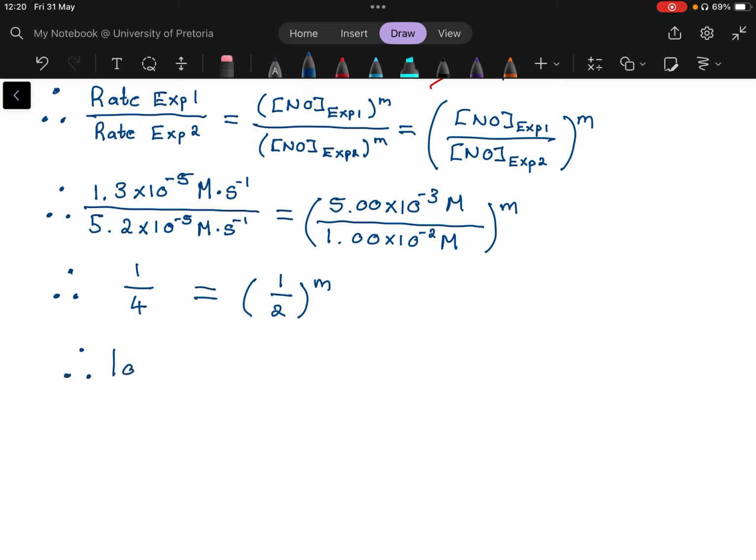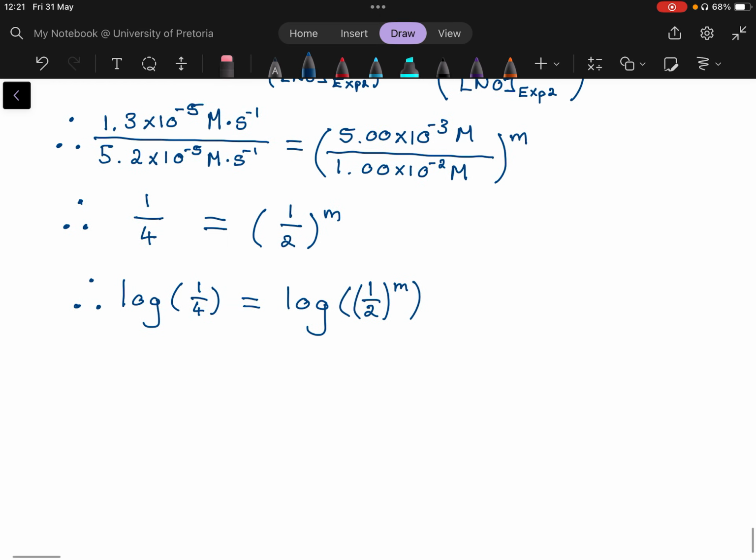So you take log of a quarter equals log of a half to the power m, and that is the same as m log a half.